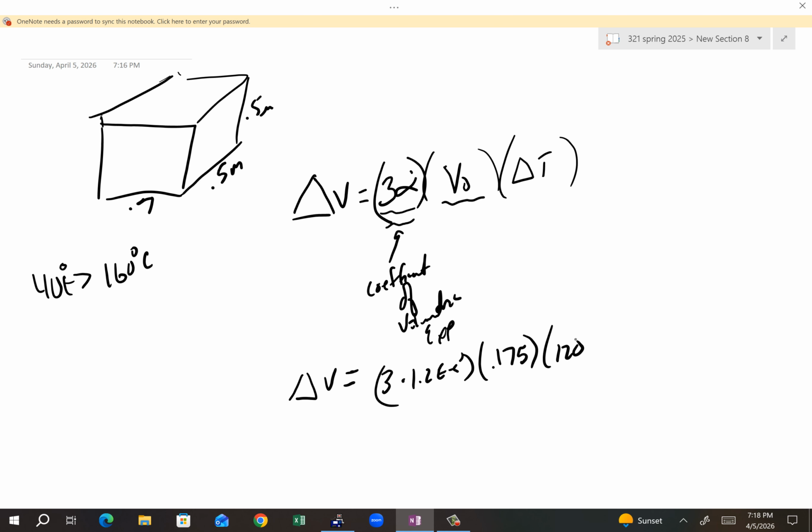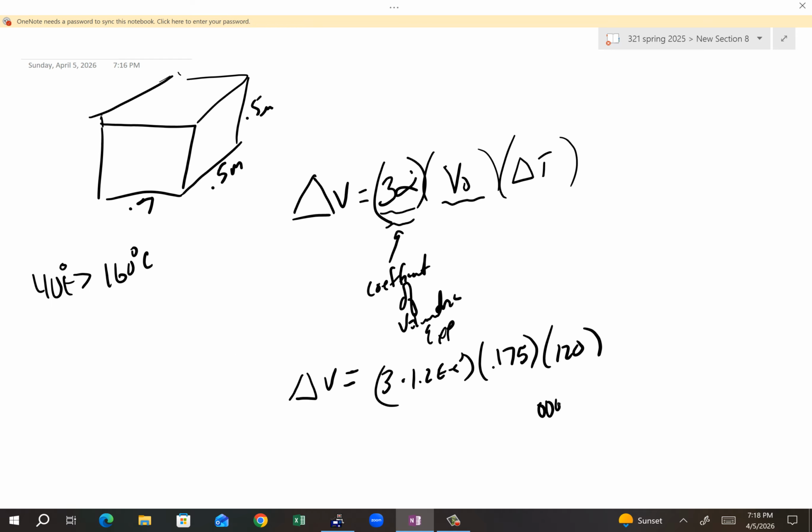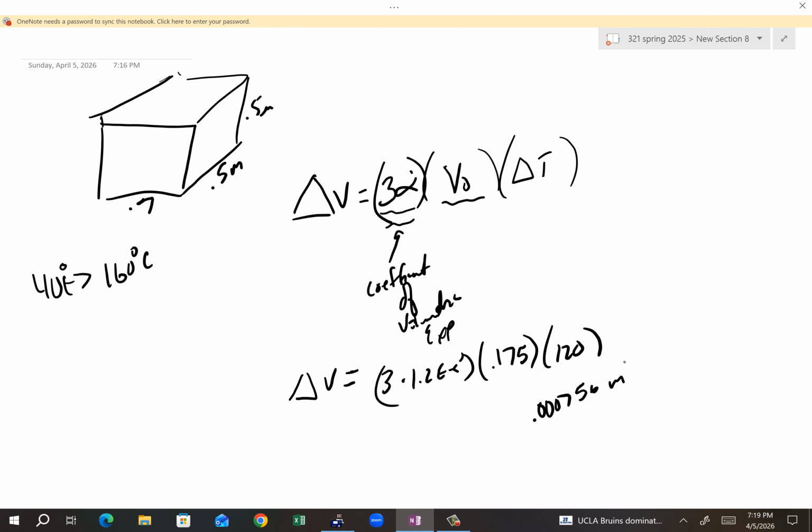Just so you're aware, 0.175 cubic meters seems pretty small, but it's actually a decent sized amount. And when you do this, you get 0.00756 cubic meters as the change, which doesn't seem like a lot, but it actually is a fairly healthy amount, if you think about it.